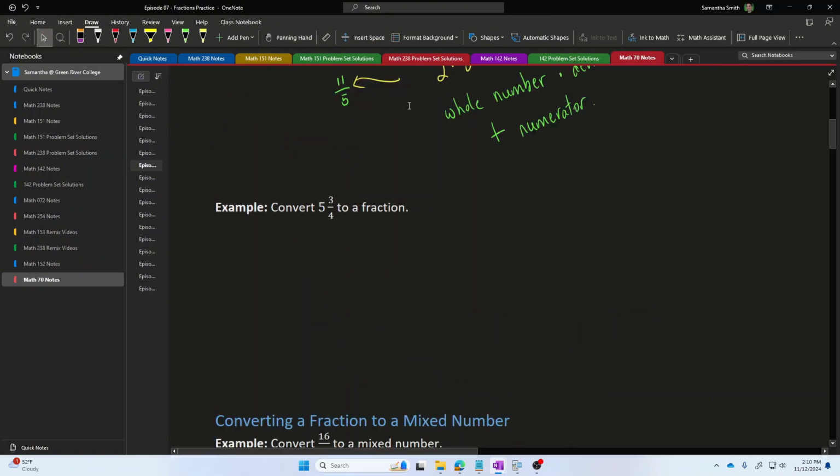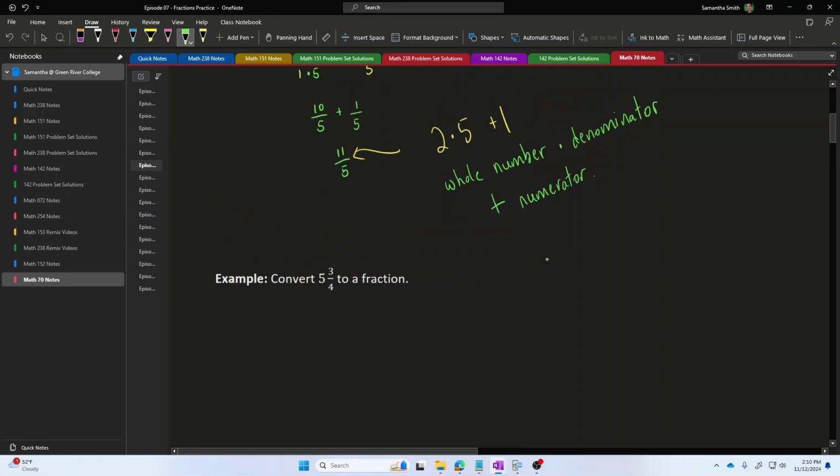So to give you another example, if somebody said, take 5 and 3/4 and convert that to a fraction, I could convert this mixed number to a fraction very quickly using this idea. I would take the whole number part 5, and I would multiply that by the denominator, 5 times 4, and then I would add that to the 3 slices that I already have.